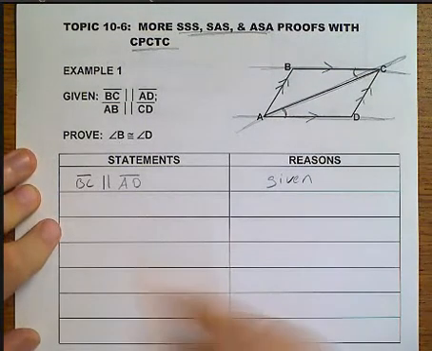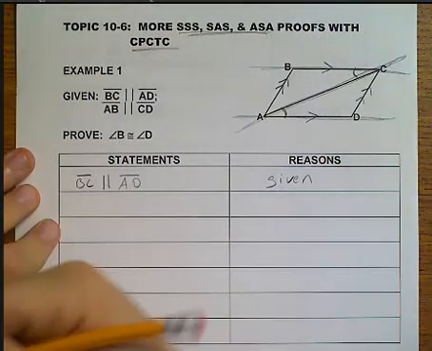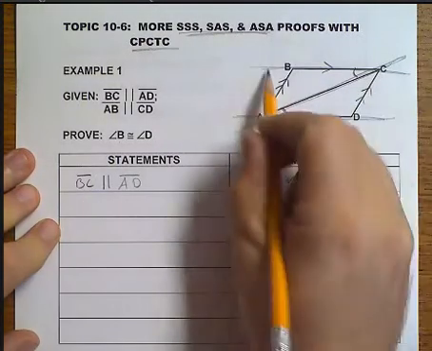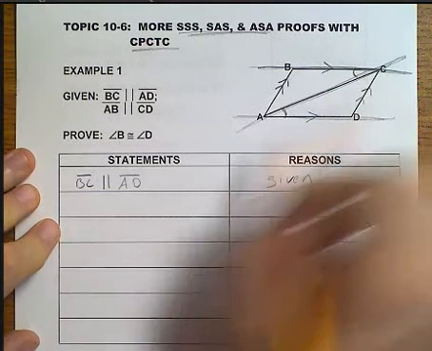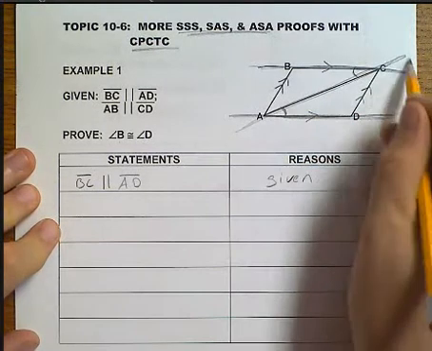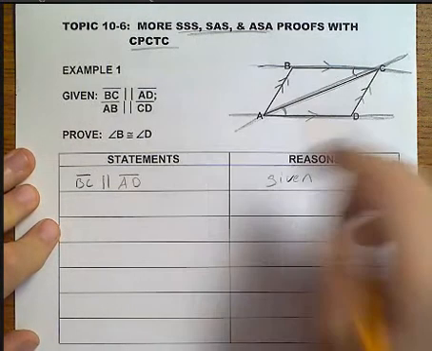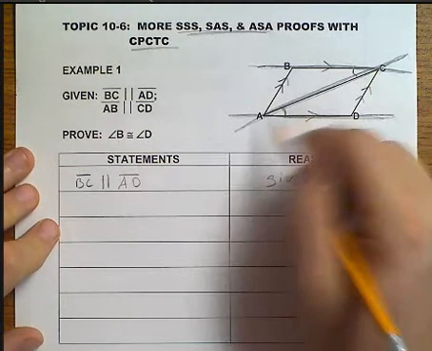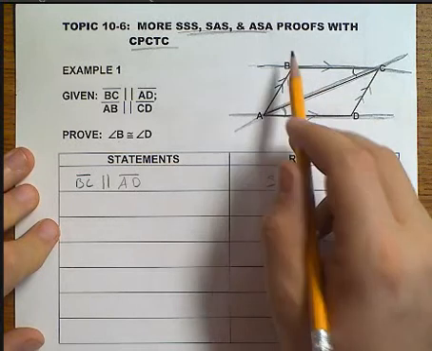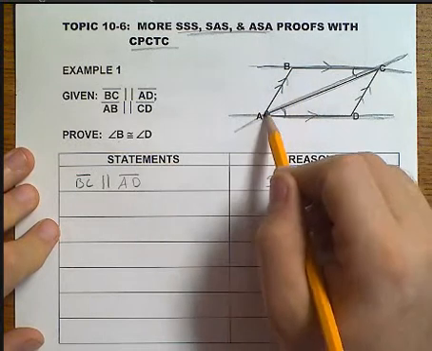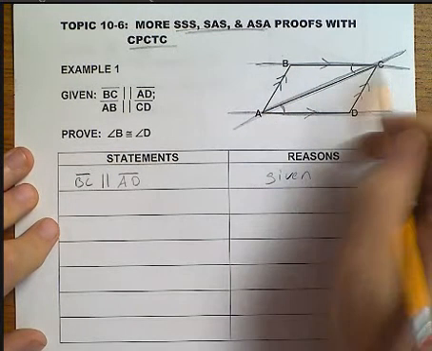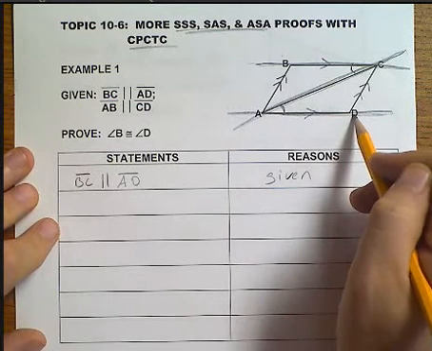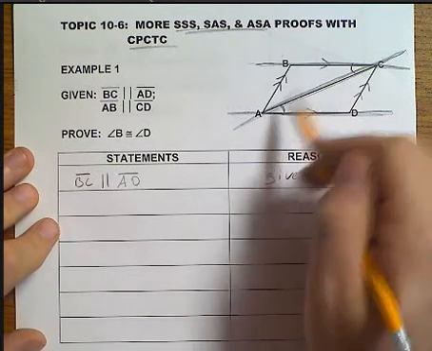Now, it's very important that you notice that the angles I'm marking are touching these lines that I have extended. I'm not talking about DCA. I'm not talking about this angle. I'm talking about angle BCA with CAD. These are opposite and touching my parallel lines.